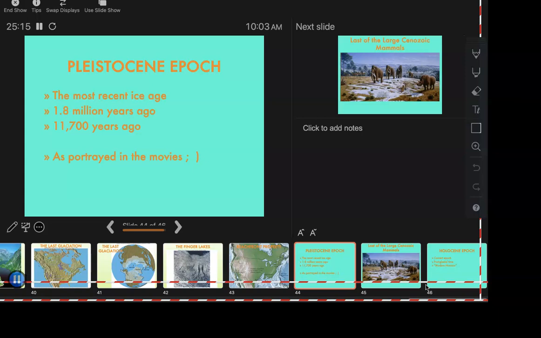So, he was asking me when did this happen, and this is not the inland sea. That was me just going out on a tangent. I apologize. But the Ice Age, in quotes, and we talked about this the other day, that you guys saw in the movies, is called the Pleistocene, all right?